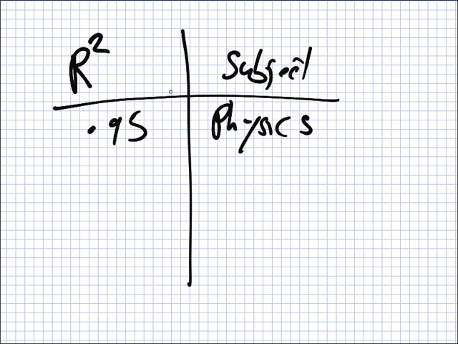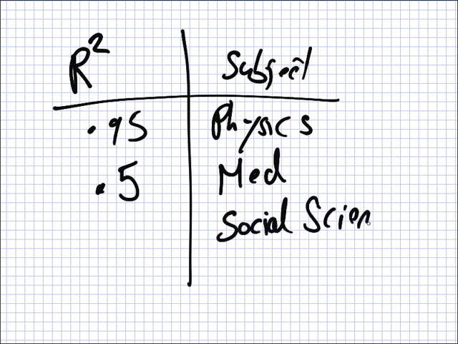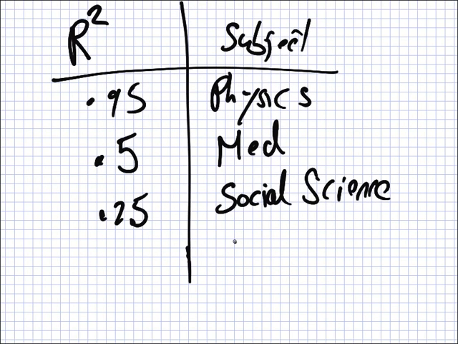And the reason for this is because in physics there should be no reason for not having a perfect explanation of the relationship between two variables. Something like medicine, anything more than 0.5 is good. Something like social science, 0.25 is when you start saying it's strong or good.